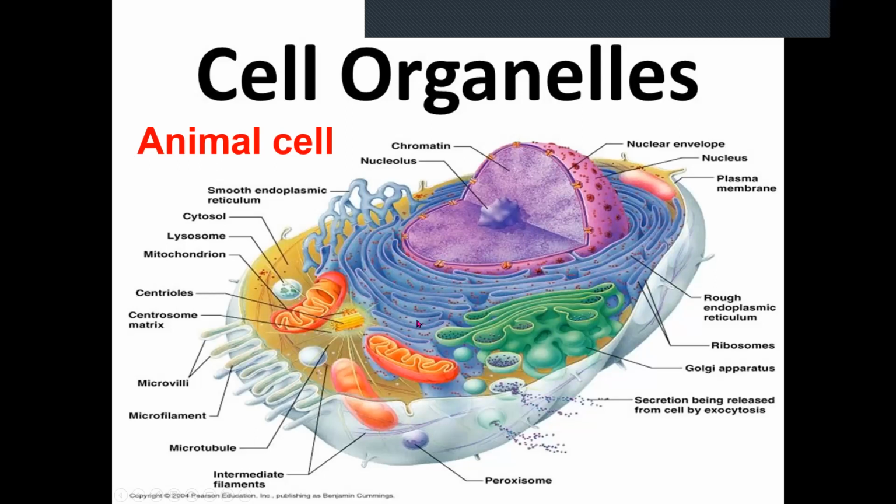These blue things here are where our proteins are produced, and you can see little dots, which are called ribosomal RNA. I'm not going to go into too much detail. Well, not yet. That's where the proteins are produced.